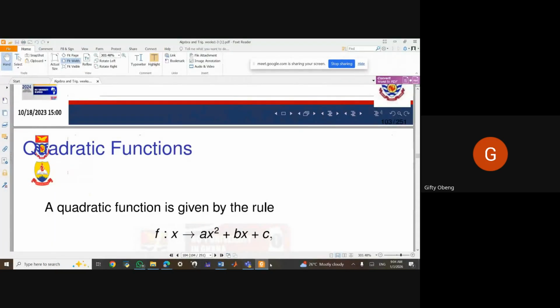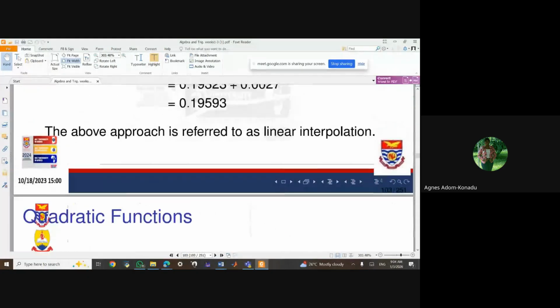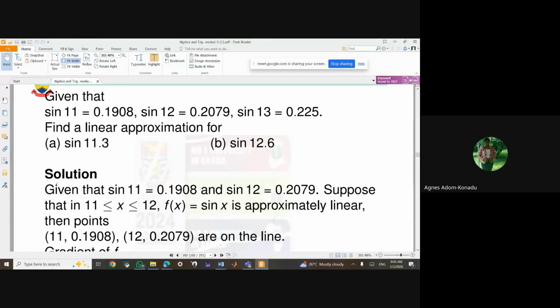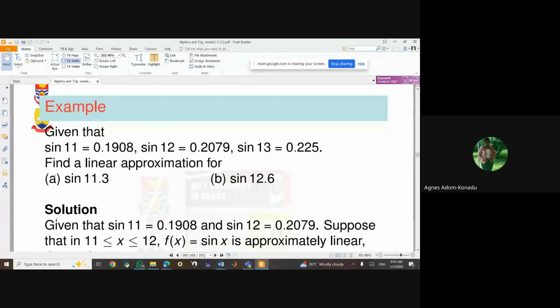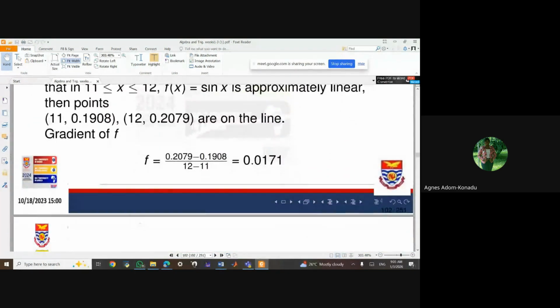Gifty, the question says that you should find a linear approximation. So to find a linear approximation, we want you to get an equation. So he wants you to get an equation, then after that you solve.